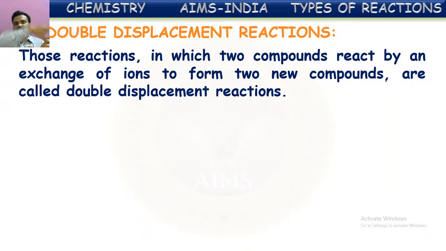One ion from this compound will go and combine with the other compound, and one ion from the other compound will come here, so that two new compounds are formed. So what is happening here? Mutual exchange of ions is happening, and hence two new compounds are formed. Such reactions are called double displacement reactions.